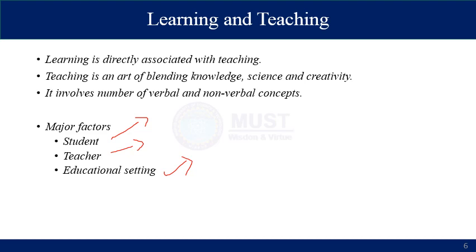When we are dealing with on-campus classes, we should take into account all the educational settings, such as the seating of the students, the rooms, the temperature, the other facilities provided by the university, along with the facilities to deliver the lectures, such as monitors, LCD displays, and projectors, etc. So these educational settings also play an important role in the learning and teaching process.